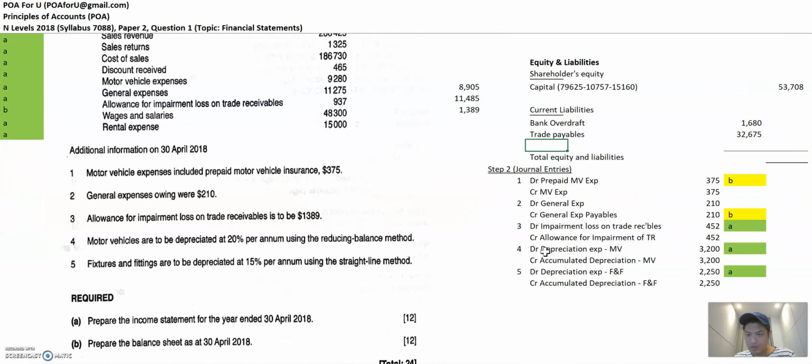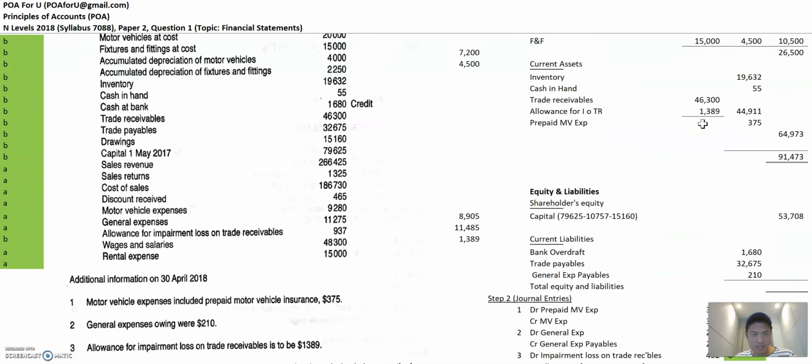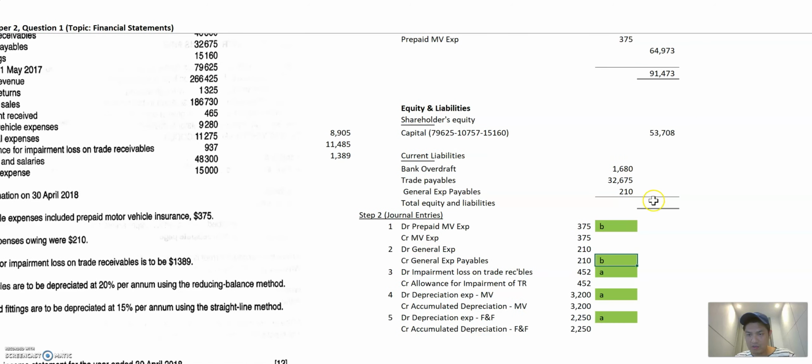And the last one, I haven't marked this as done. I remember I did this just now. There's one more item, general expense payable, which I'm going to bring across here, and this is 210, right? And I'm going to mark this as done. Okay, so everything is transferred over. I got all greens, which is a good sign.